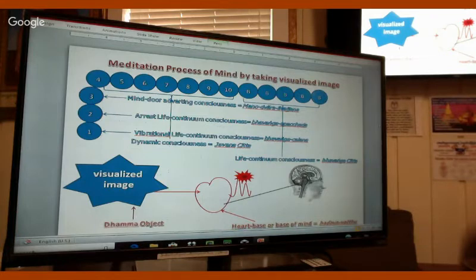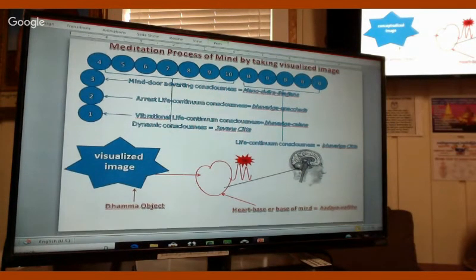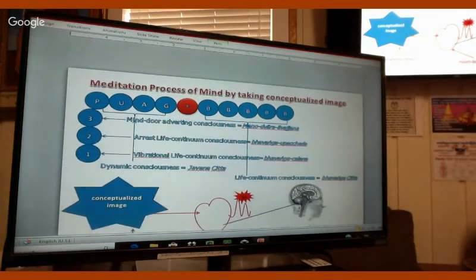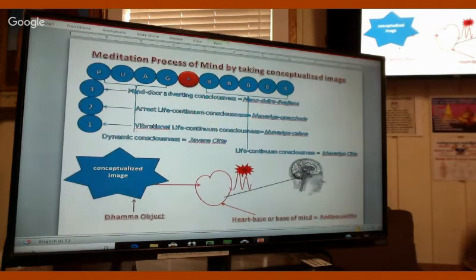So at that time, we change to another stage. We get enough power of concentration.